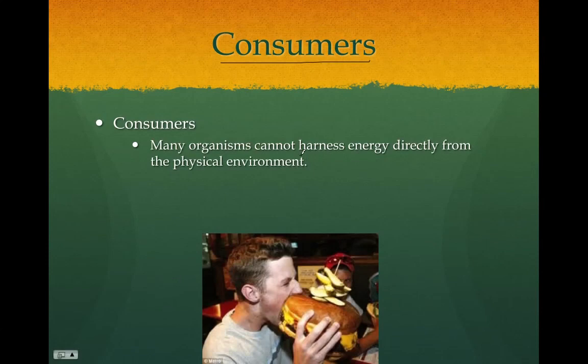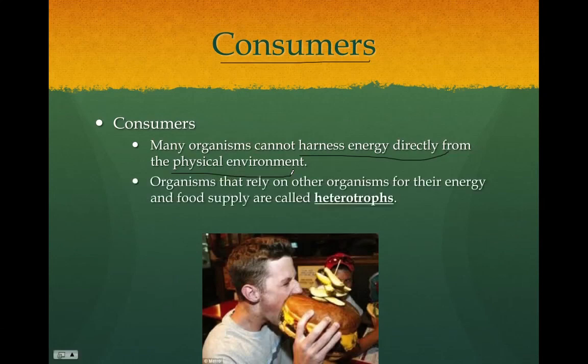Well, we can't harness energy directly from the physical environment. We can't lay out in the sun and get energy. We can't just break down inorganic compounds or put them together in order to get carbohydrates. Instead, we have to eat carbohydrates and break those down. And so this is what we call organisms that rely on other organisms.